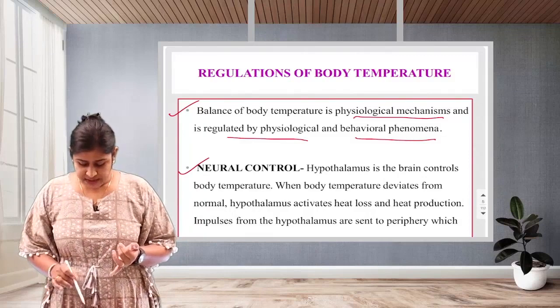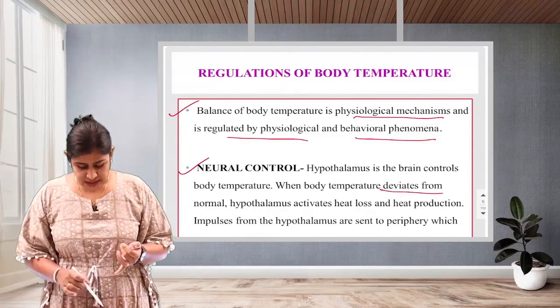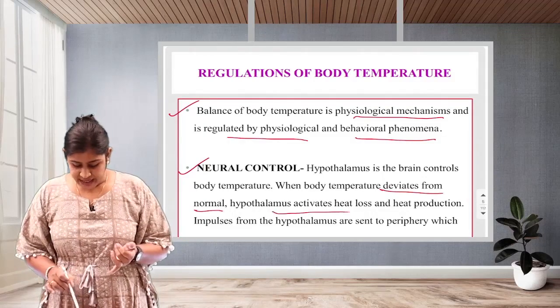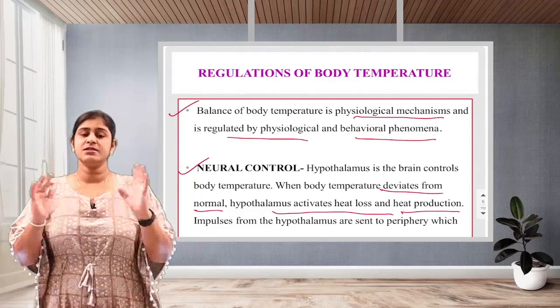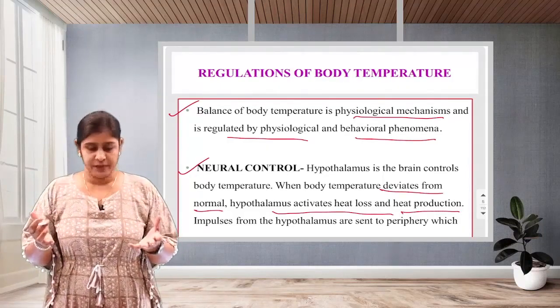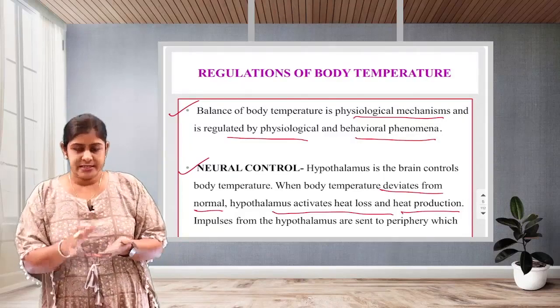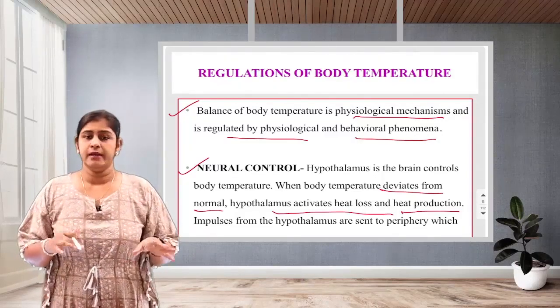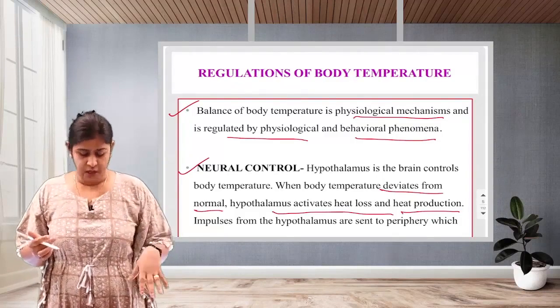The hypothalamus in the brain controls body temperature. When body temperature deviates from the normal, the hypothalamus immediately activates heat loss and heat production.